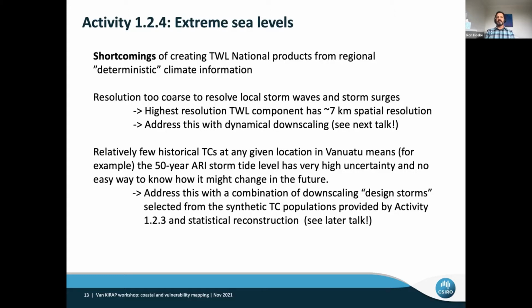Also, I know this probably sounds incredulous to some of you in Vanuatu, but for any given location in Vanuatu, you don't actually experience enough tropical cyclones within this 40-year period. I mean, any given location may only experience 3, 4, 5 severe tropical cyclones over a 40-year period. So that leads to high statistical uncertainty in these ARIs for certain things like storm surge and storm waves.